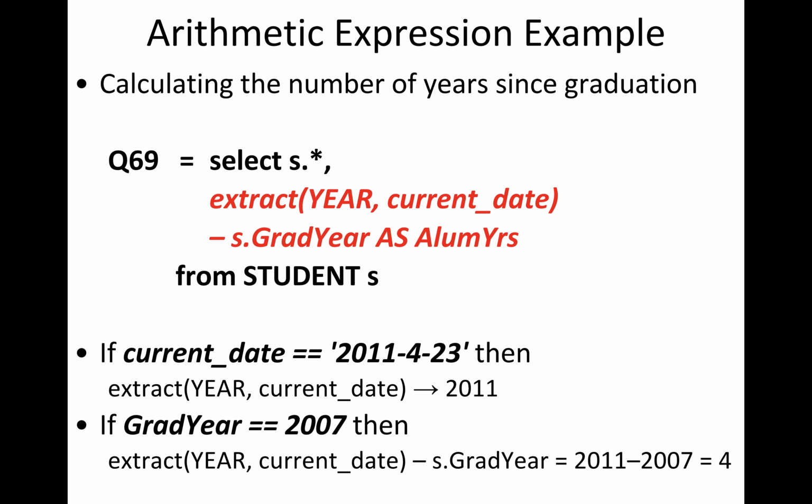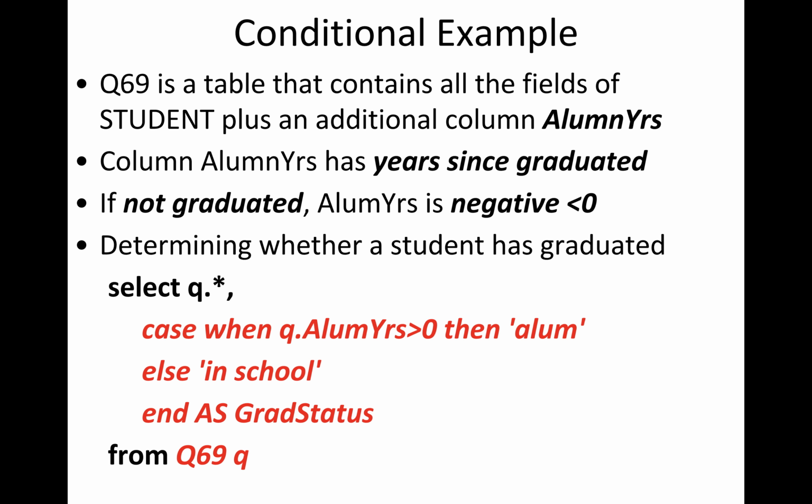We can use that as an input to this other query and say, based on that query, where I know how many years you have been an alumni, I can take the original query and, depending on that value, if it's greater than 0, then I know you're an alum. If it's less than 0, then it means you're still in school. And then store that in an output table that is going to have a field called graduation status and tell you whether you're still in school or not.